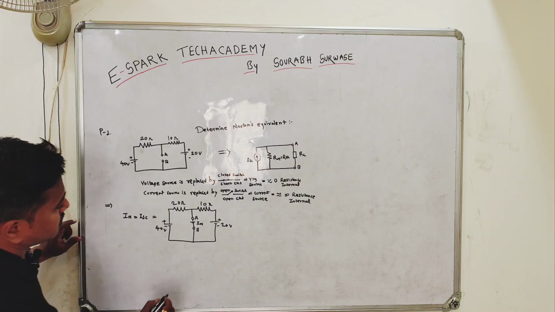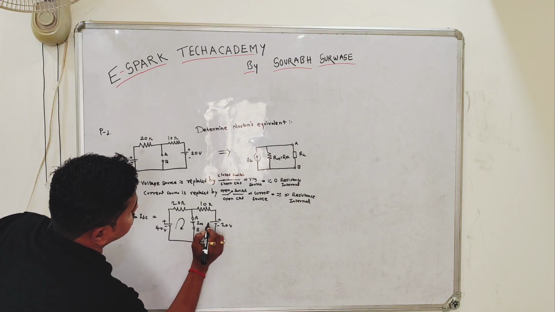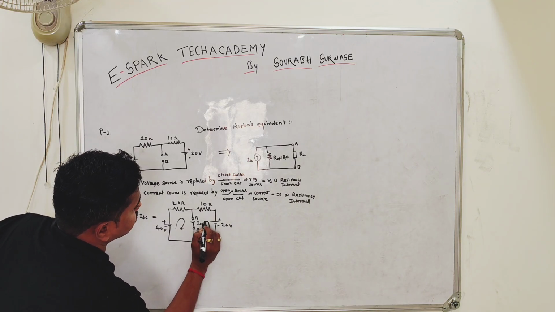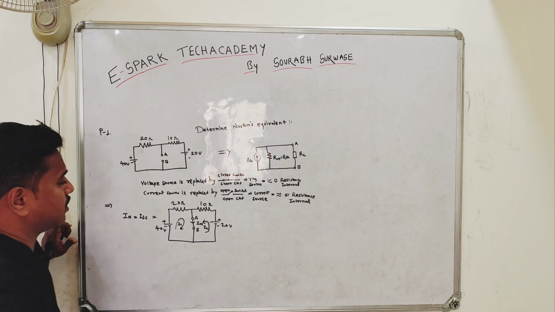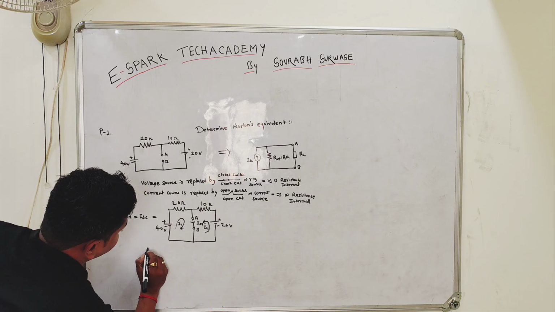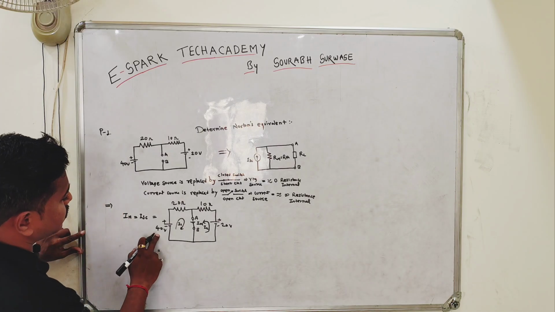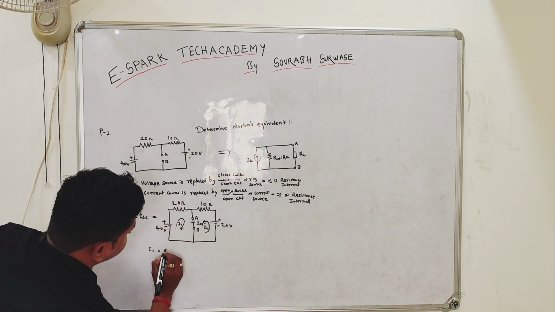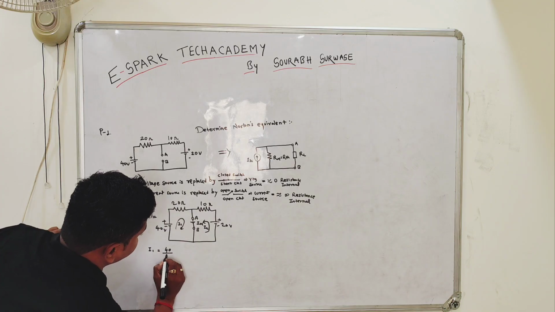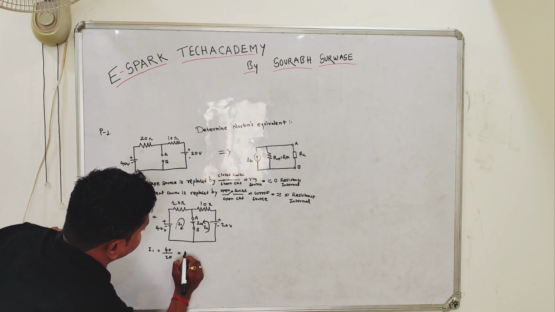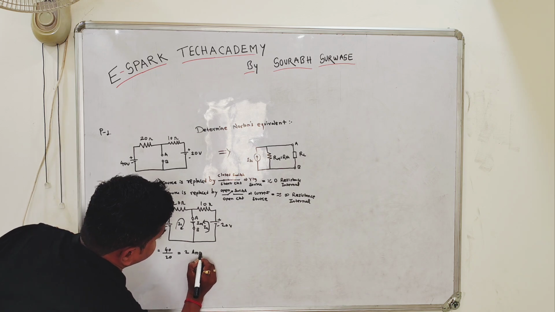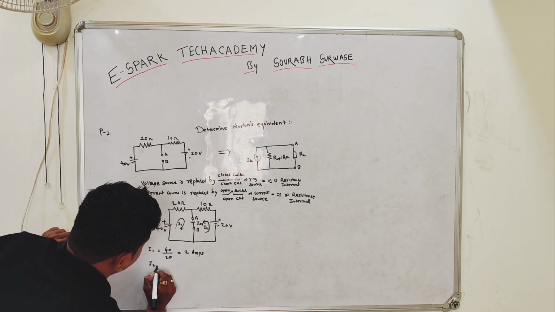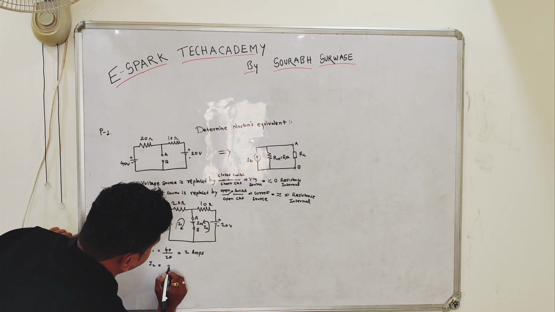Now you have to first calculate these currents which are flowing. This may be I1, this may be I2. First, what will be I1? I1 is nothing but the voltage divided by this resistance, which is 40 divided by 20. You will get 2 amps. And here I2 will be nothing but 20 divided by 10.